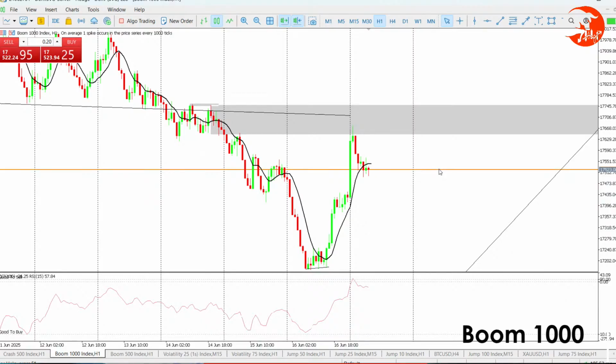If we come back to H1, yeah, we are selling, but I'm not convinced to make an entry. I will be convinced if price reacts back to this fair value gap or to the order block above there. So there are two ways, but I will leave the fair value gap here.